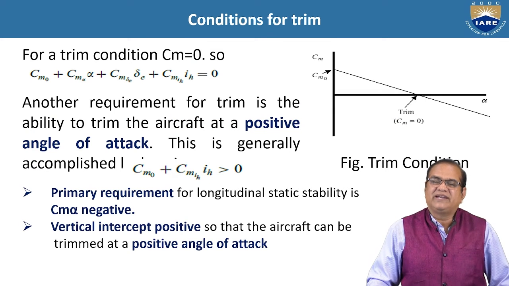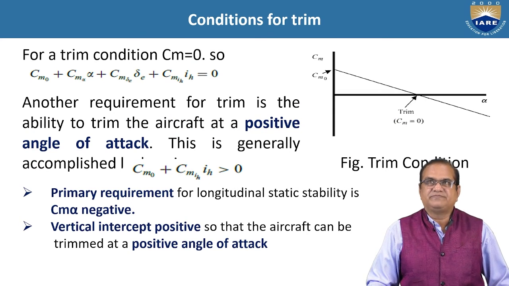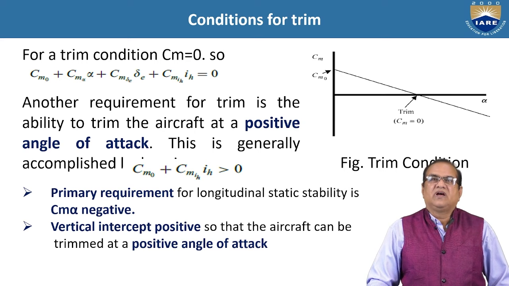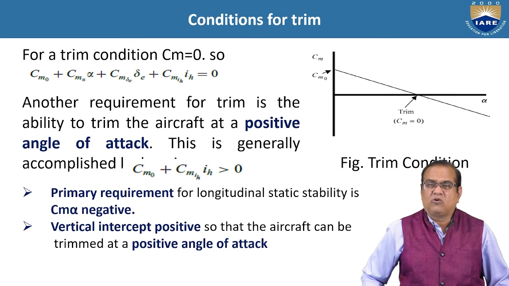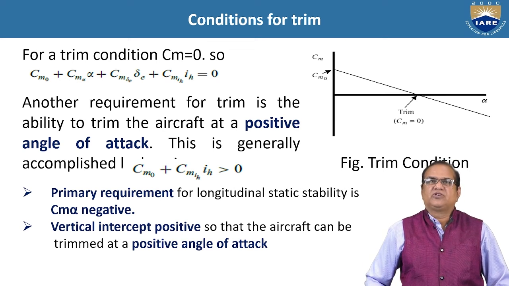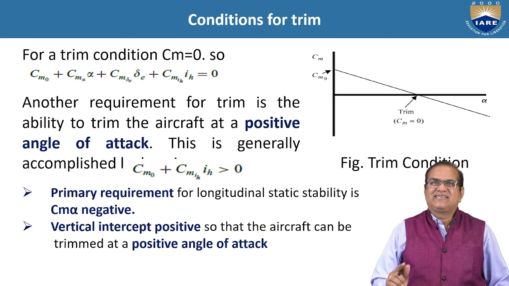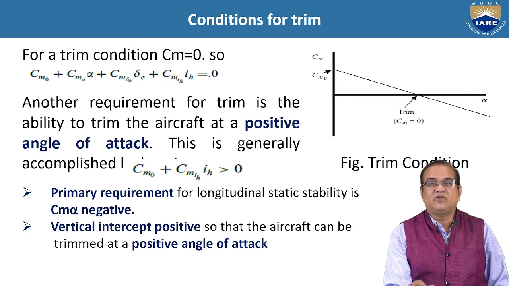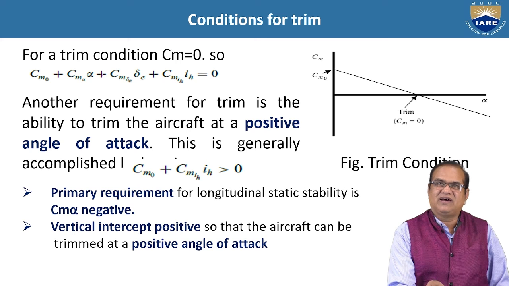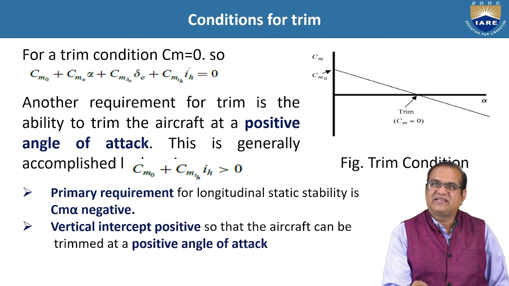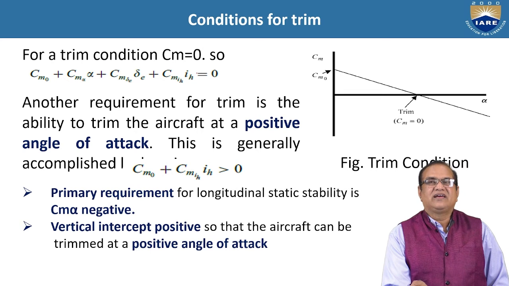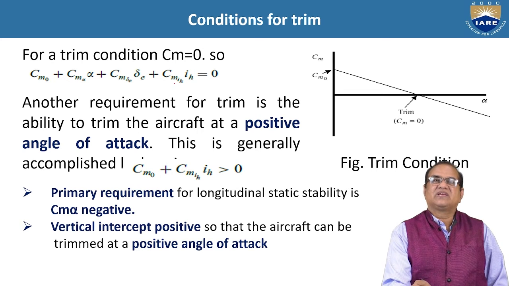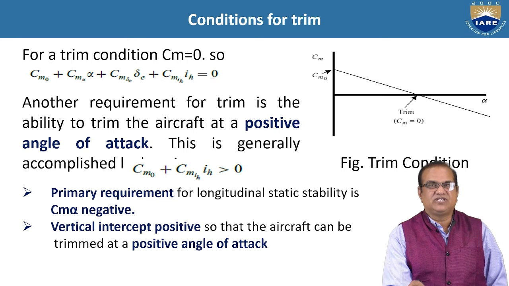Now the condition for the trim. For a trim condition, the coefficient of moment should be 0. So Cm naught plus Cm alpha into alpha, by the Taylor series, plus Cm delta E into delta E, plus Cm iH, is equal to 0. This means the sum of the angle of attack, elevator deflection and incidence angle terms should be 0.